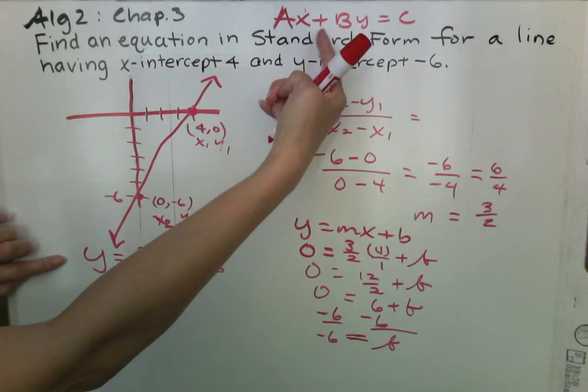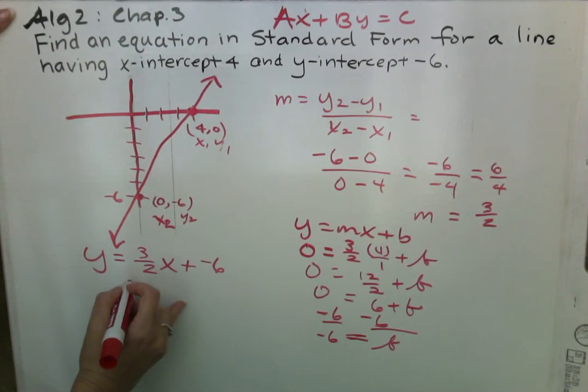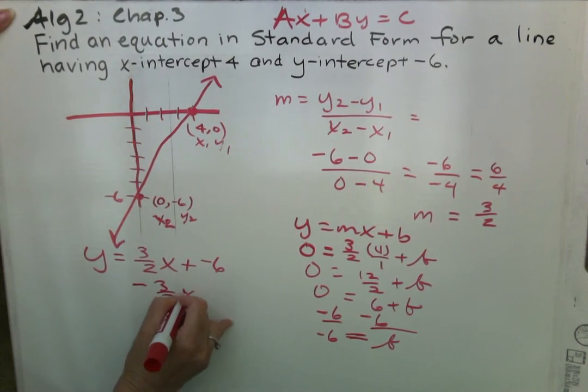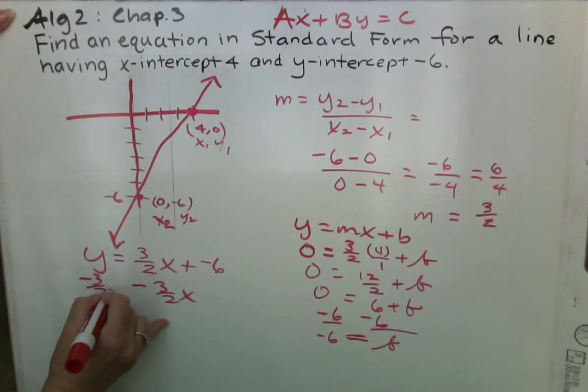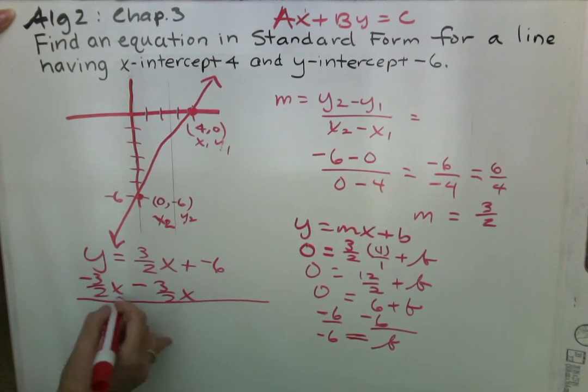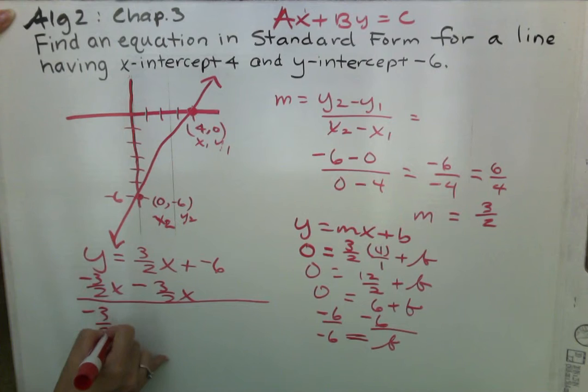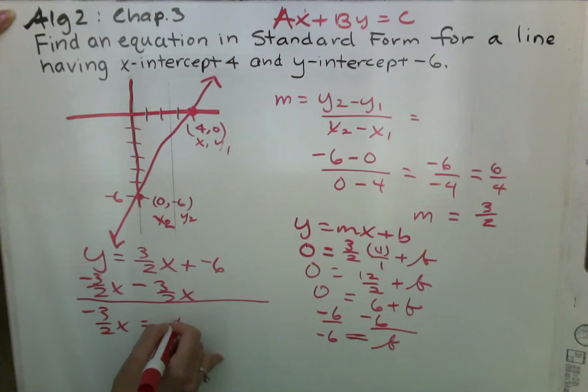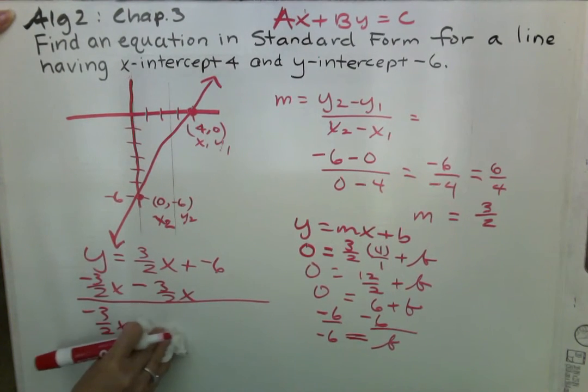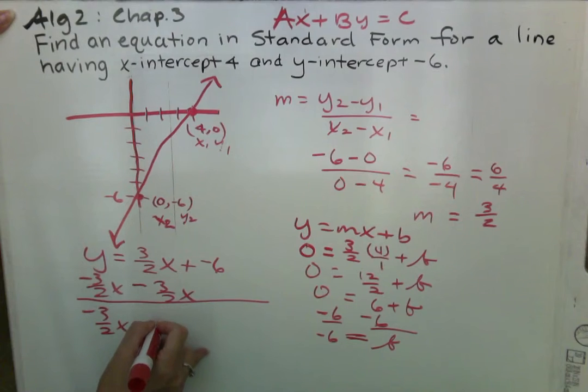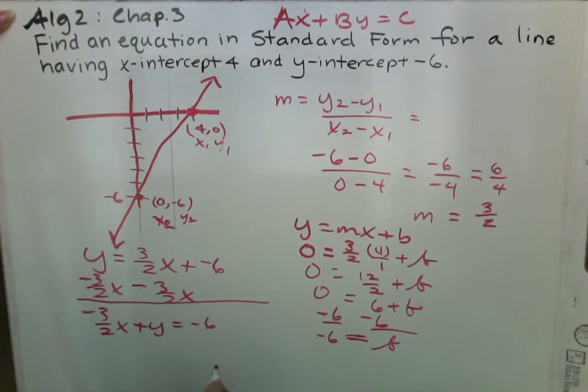Notice how the x and y are on the left side of the equal sign. So we're going to subtract 3/2 x from both sides, and we get -3/2 x plus y equals -6.